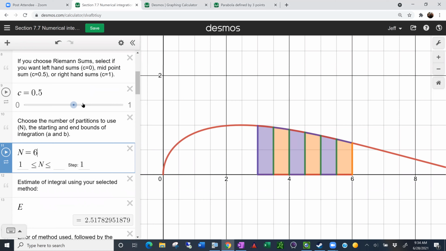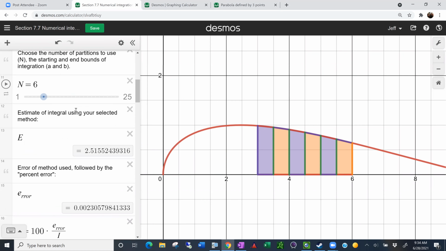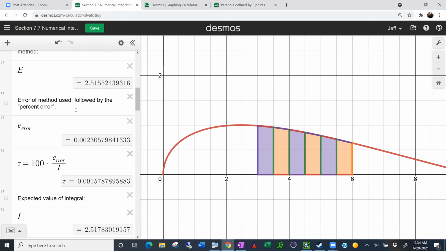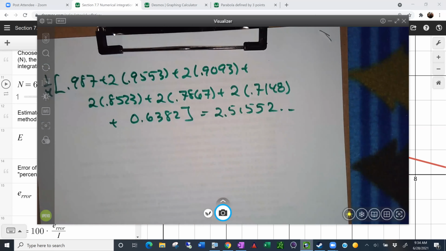And with the trapezoid method, that would be this one over here. If we did all the arithmetic on that, then we would end up with 2.5152, 2.51552, etc. would be the answer that we get out of all that.